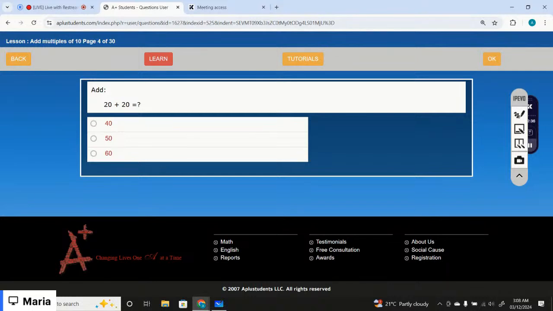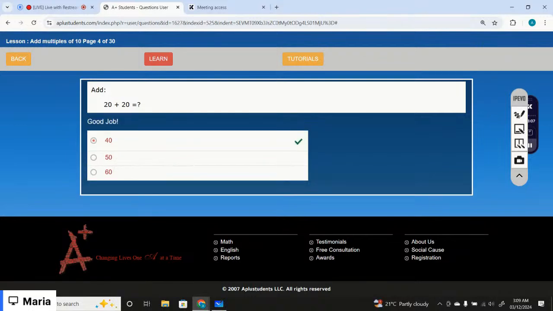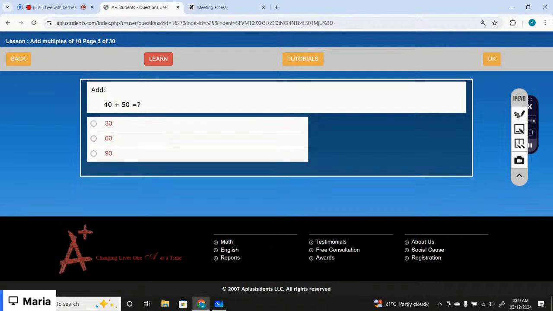20 plus 20, which is the correct option? That is 40. Option number 1 is the correct option. 50 plus 40, which is the correct option?